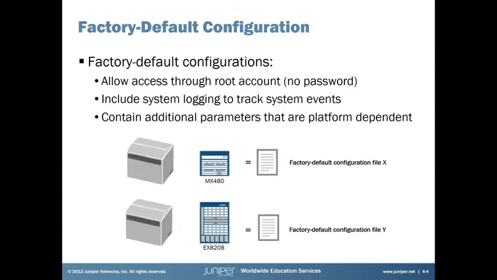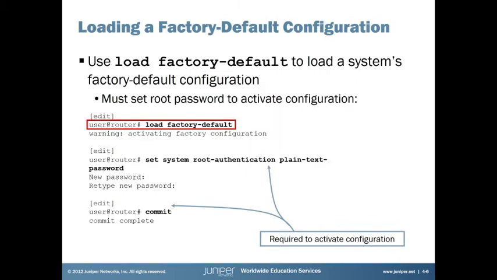It has system logging turned on to track events, and it has some extra parameters built into it that are dependent upon the particular device that you are working with. Now we can load that configuration by typing load factory-default, and that will activate the factory default configuration.